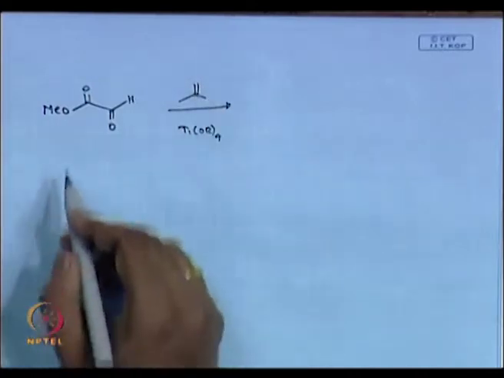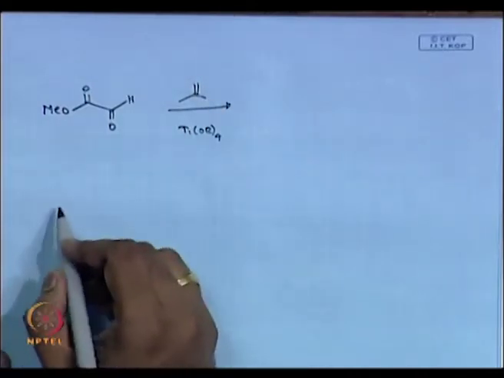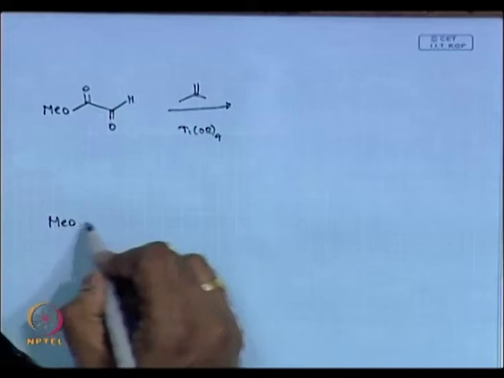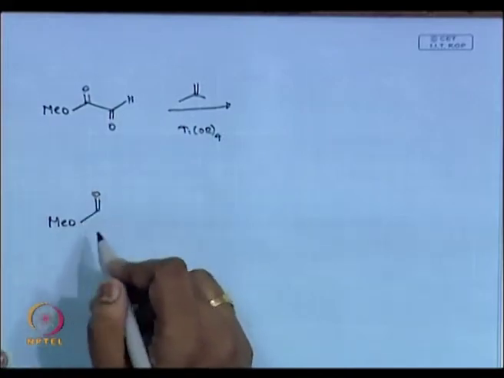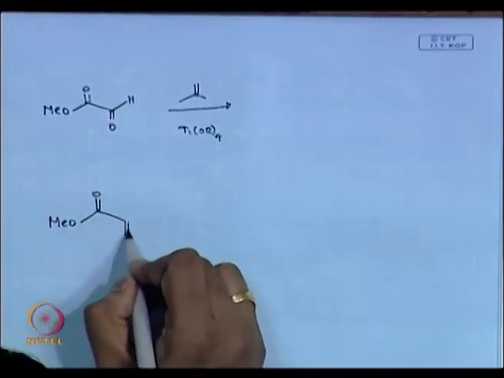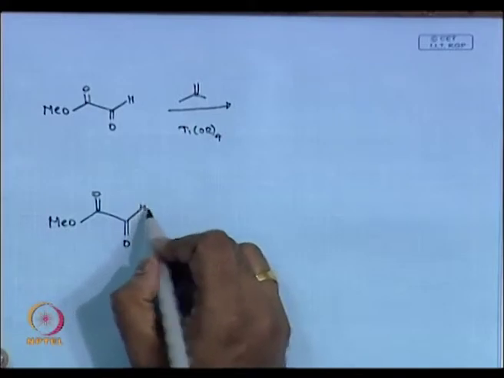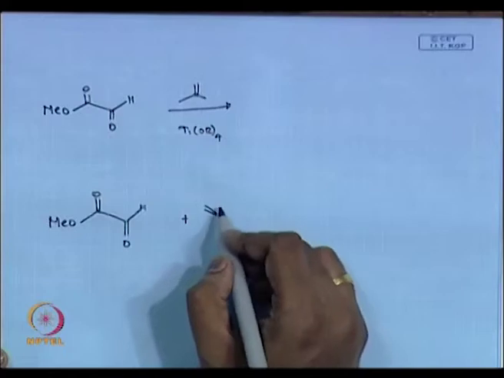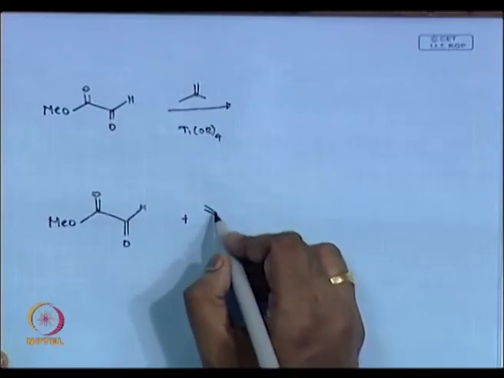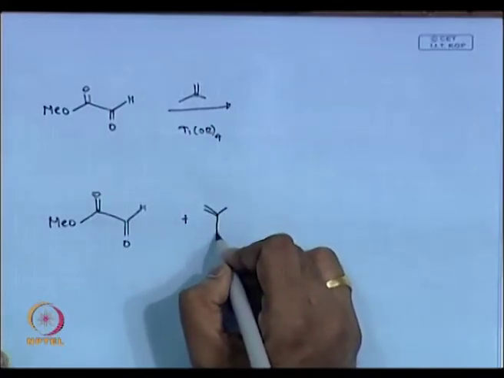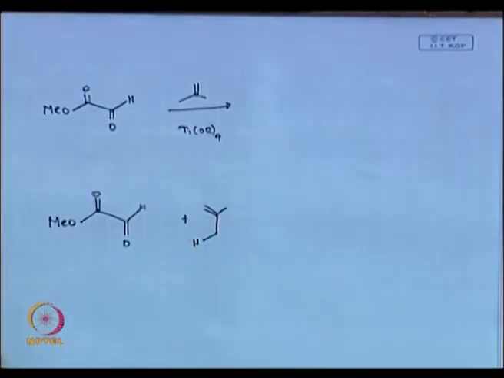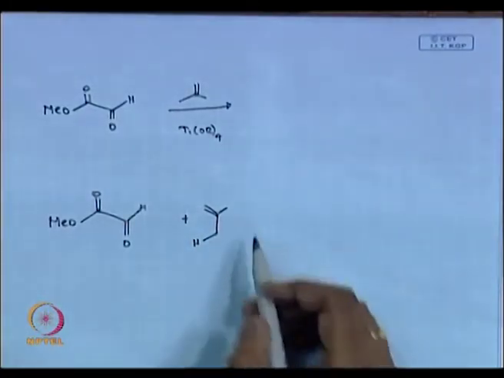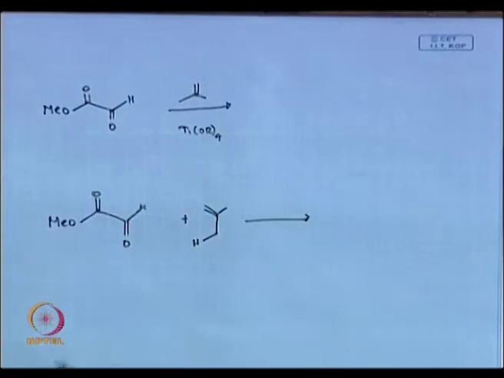To understand better, if you write methoxide carbonyl, now hydrogen this, I can write the same reaction in this way.